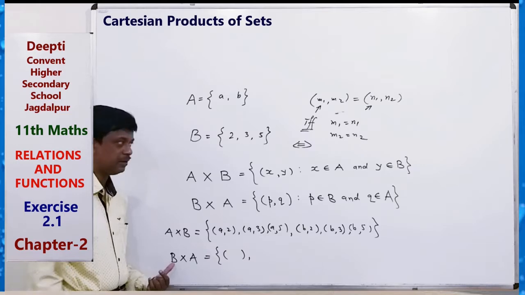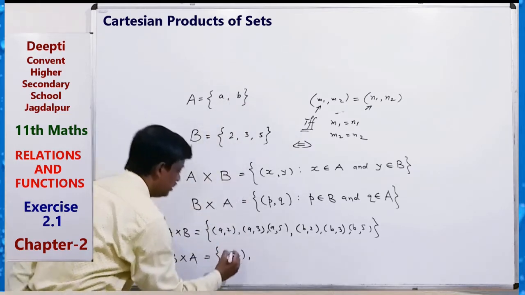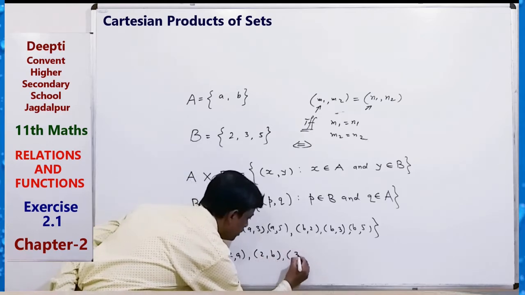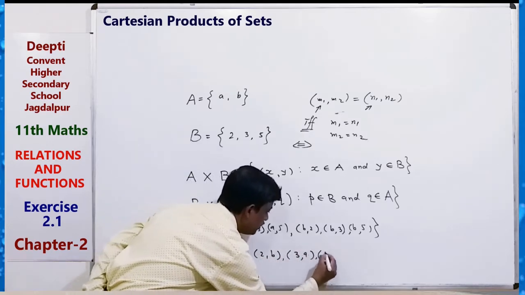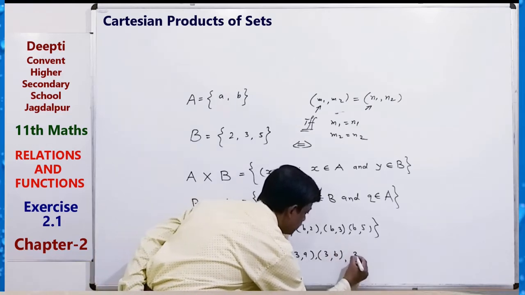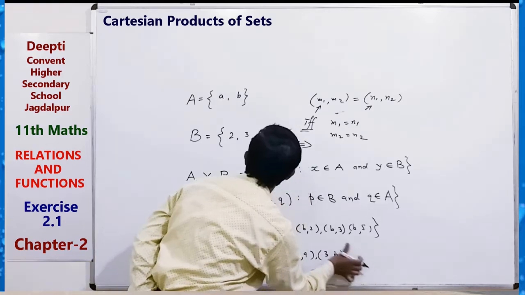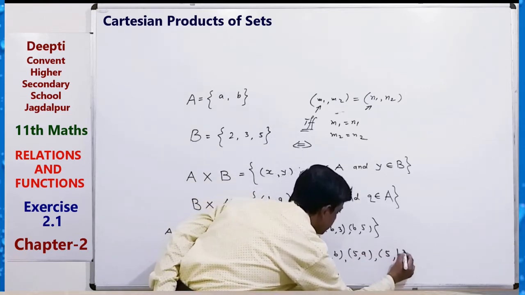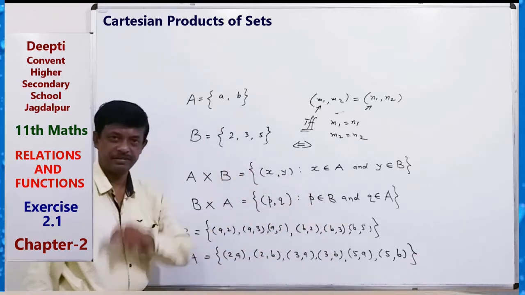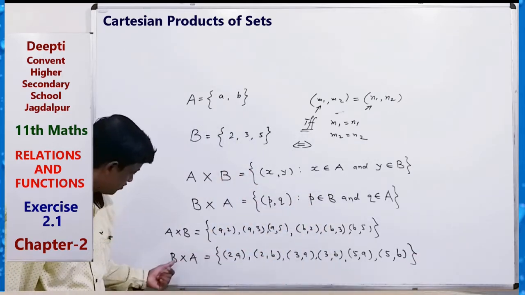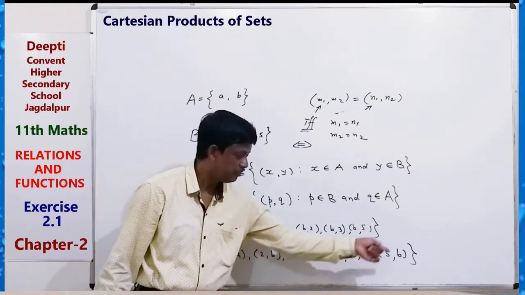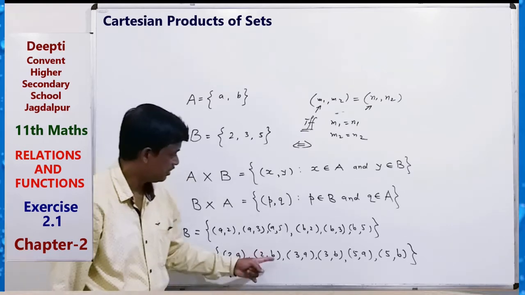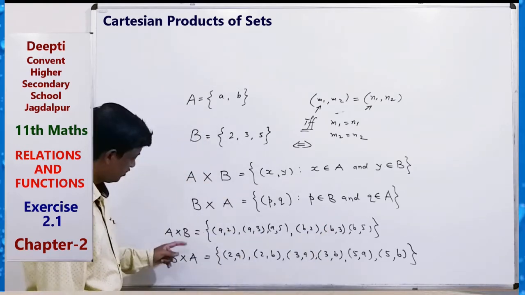Now B cross A: the first element from B, so (2,a), (2,b), (3,a), (3,b), (5,a), (5,b). These are the elements. The first element is from B, that is 2, 3, 5, and the second element is from set A, a or b.